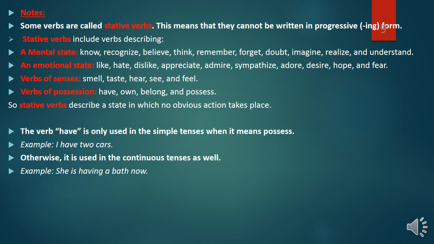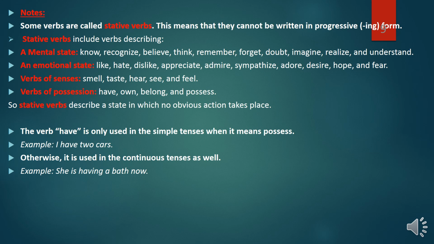There's only one exception in these verbs, which is the verb have. The verb have might be used in the ing form or without ing form. Why? If the verb have is used to mean possess, I mean I have something, I use it without ing.